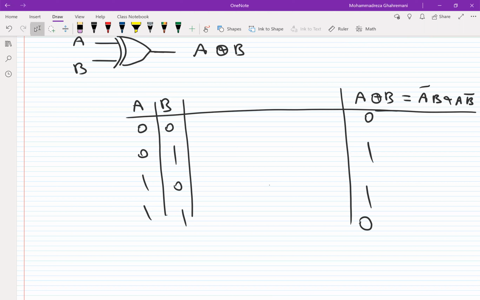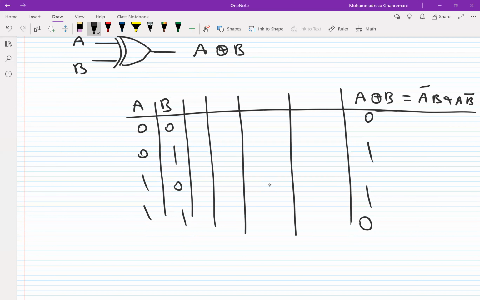But if we want to show this truth table in detail for XOR, we can just write it like this to show the details of this calculation or relationship.